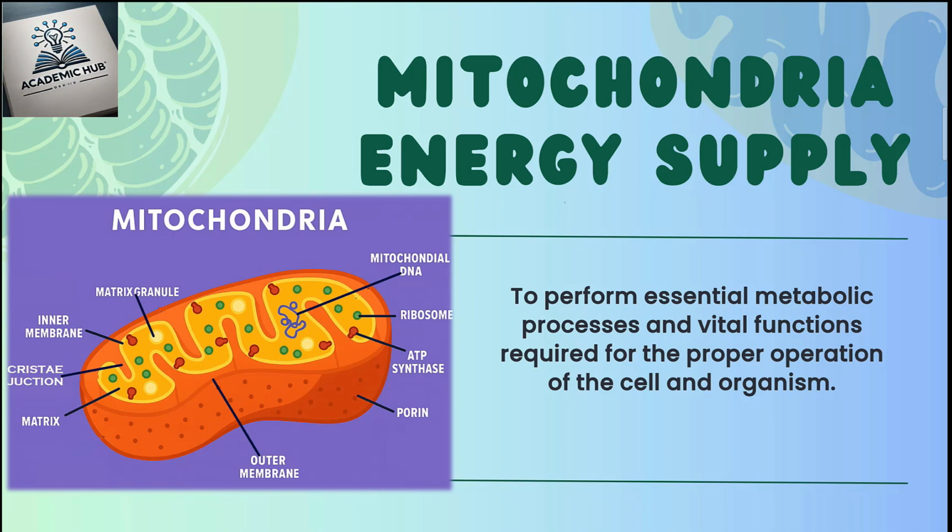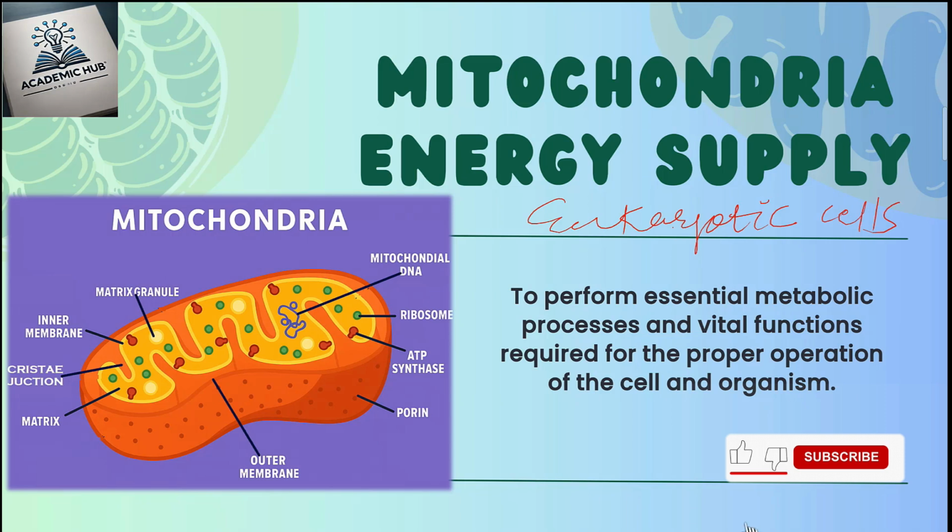Now we have discussed the importance of mitochondria. What is mitochondria and what is its specific feature? Mitochondria are one of the most important organelles found in eukaryotic cells, including both plants and animals.